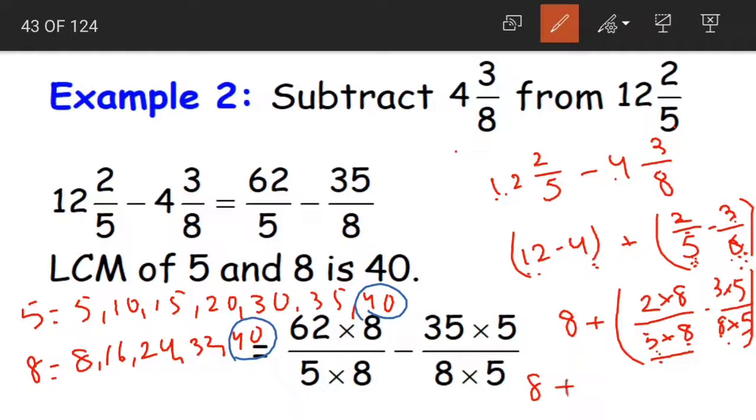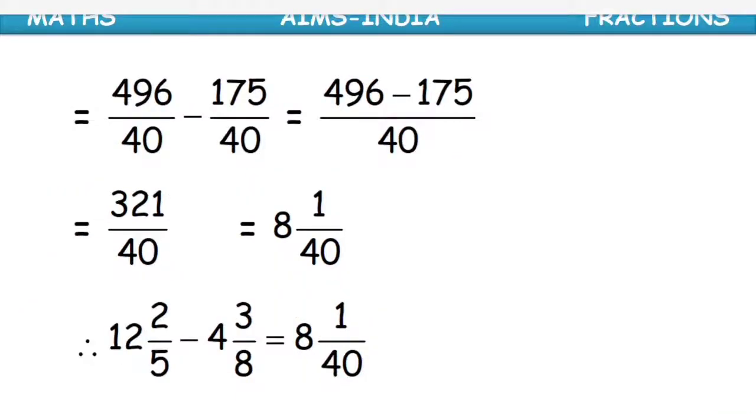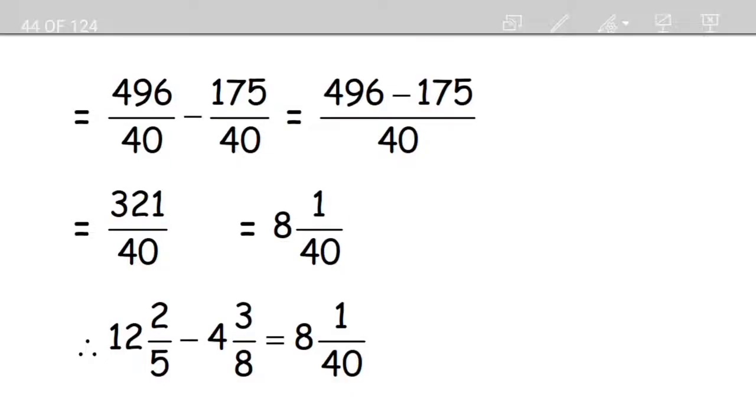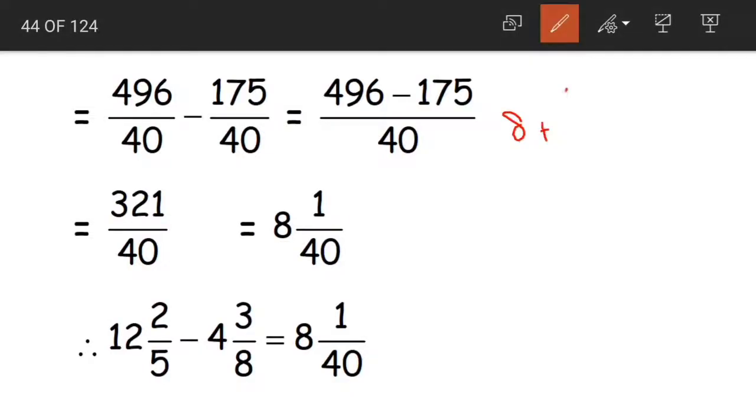Now again 8 plus, what is this? 2 into 8, 16 divided by 5 8s are 40, minus 3 into 5, 15 divided by 8 5s are 40. 16 by 40 minus 15 by 40. Let me write it here again: 8 plus 16 by 40 minus 15 by 40.